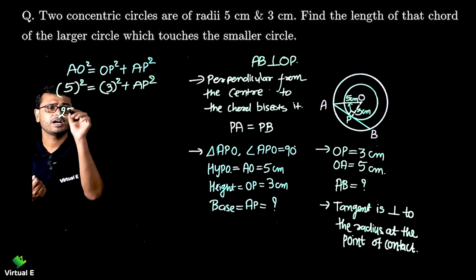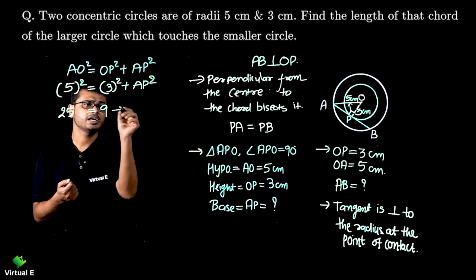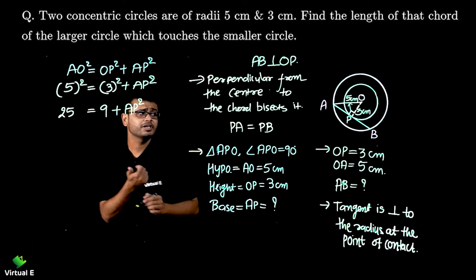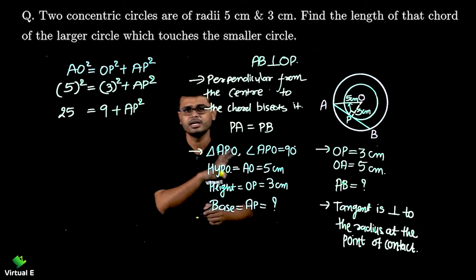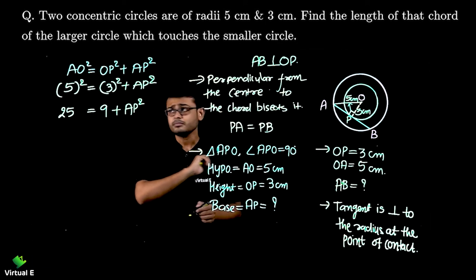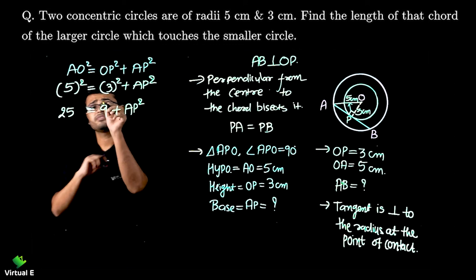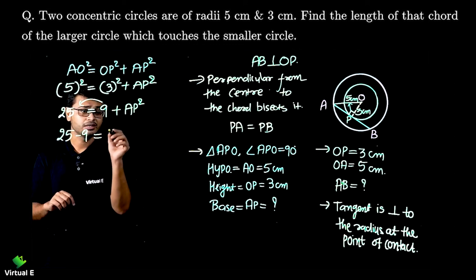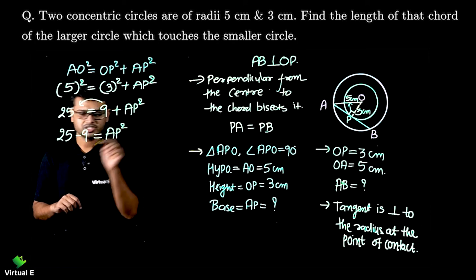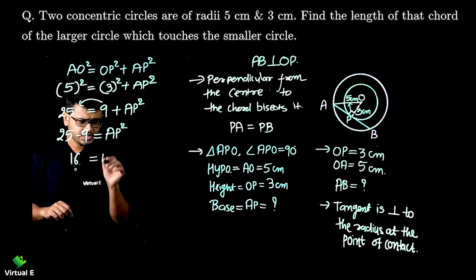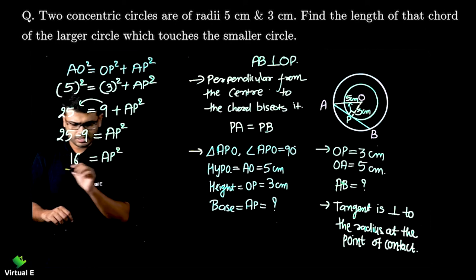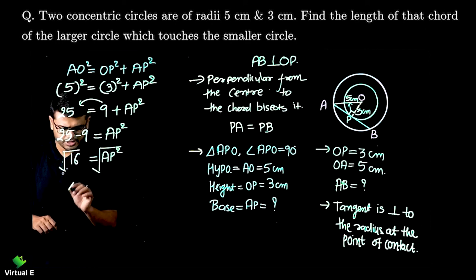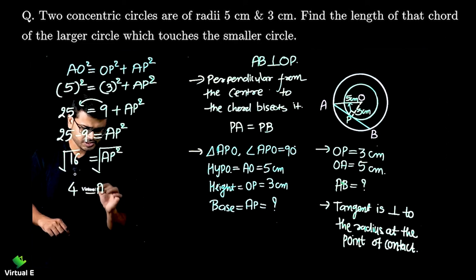Here 25, here 9, here AP square. You must be aware that the triangle is 3, 4, 5, a Pythagorean triplet. Now let's shift this 9 over here. So 25 minus 9 is equal to AP square. So 16 is equal to AP square. Now take the square root and you will get the value: 4 is AP.